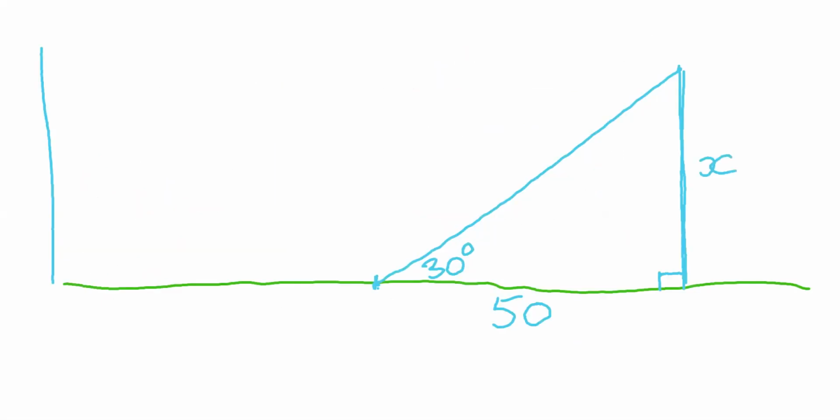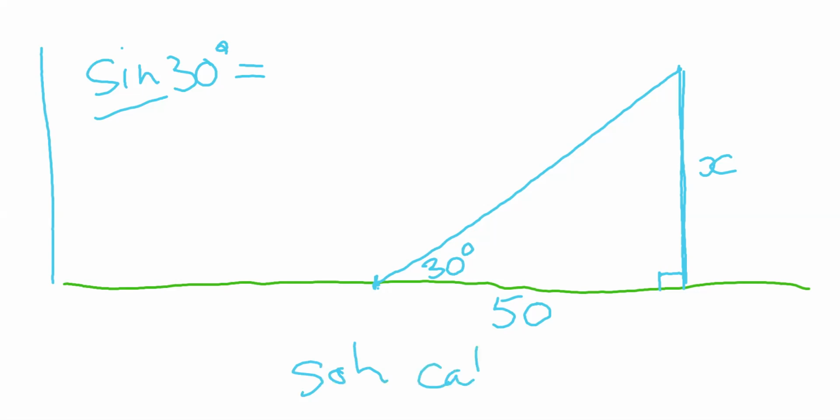But what we do know is that sine of 30 degrees, and this is always the very first thing that you should do when you're doing trigonometry in a test or in an exam, because if you've got a generous teacher, they'll give you half a mark or a mark, even if you get the rest of it completely wrong, is to write out your formula. So sine, as we all know, remember, SOH CAH TOA.